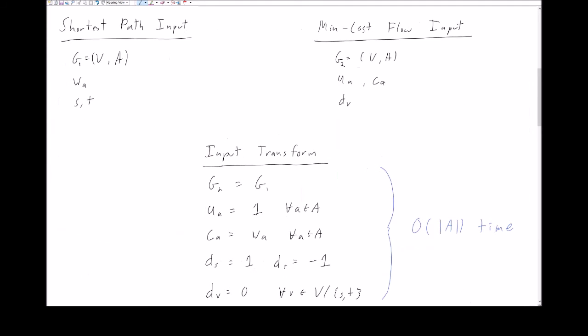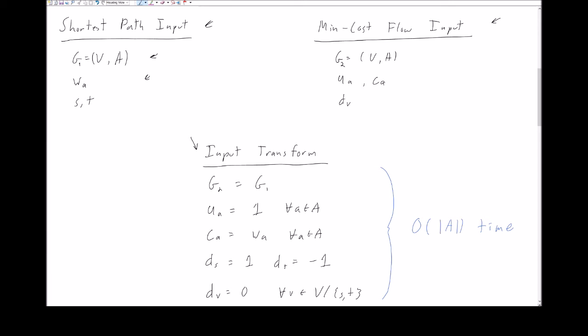Recall that in previous lectures we've reduced the shortest path problem to the min-cost flow problem. Here we're going to focus on a specific portion of this reduction, and specifically the input transformation. This input transformation is going to take a shortest path input and transform it to a min-cost flow input. In the shortest path input, we're given a graph, and for every arc we're given a weight.